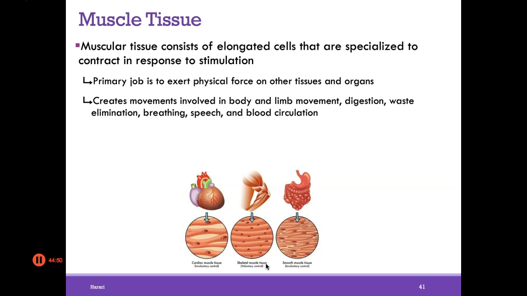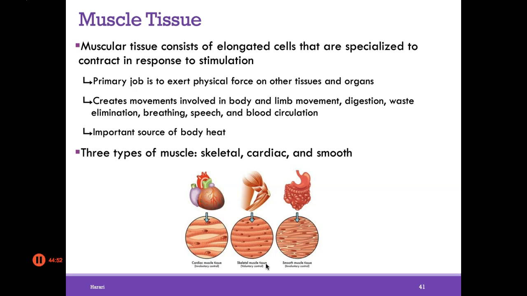And we have 3 different types of muscle specifically. We have cardiac muscle in our heart, which is involuntarily controlled. We have skeletal muscles that are voluntarily controlled. And then in our gut and our other internal organs, we have smooth muscle, which is involuntarily controlled. And again, we'll talk all about muscle in later chapters.